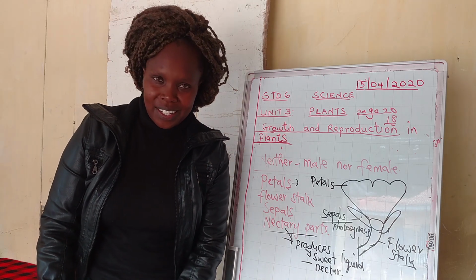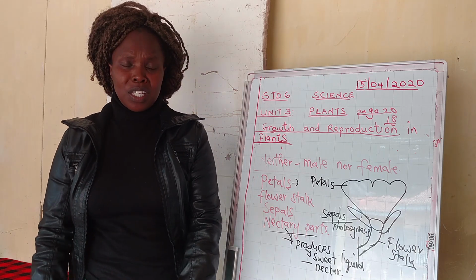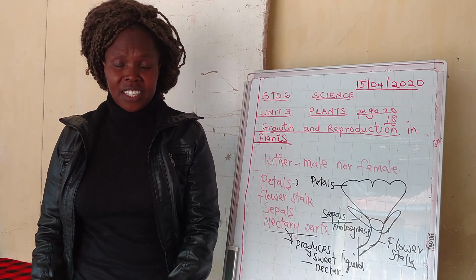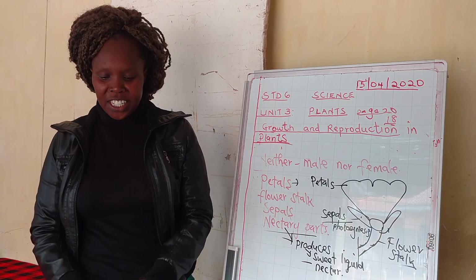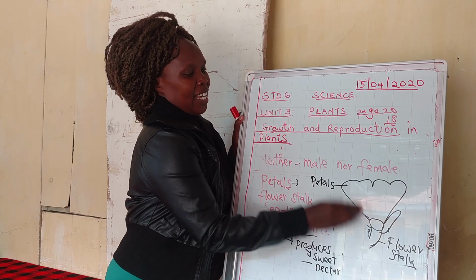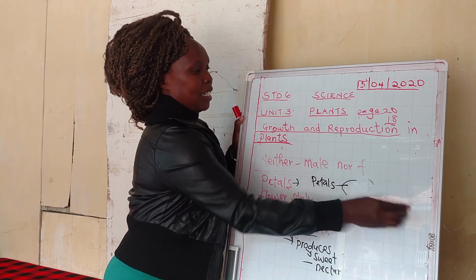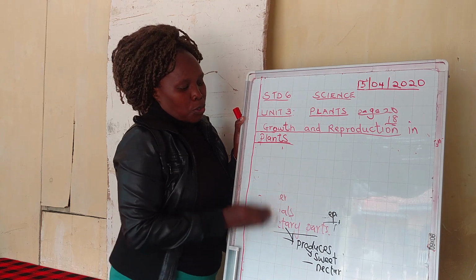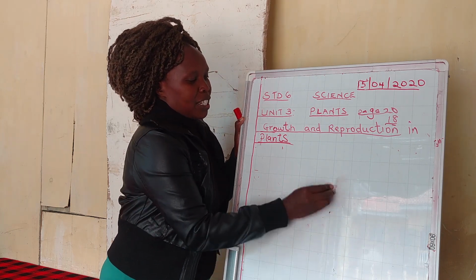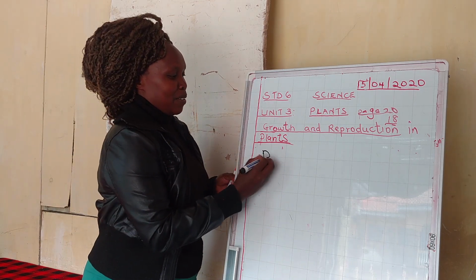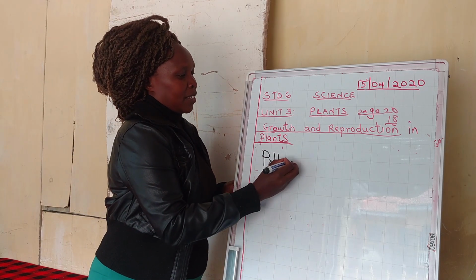And we're going to see that most of these birds and butterflies and some of the insects help in pollination, which is going to be our next subtopic. Let me just introduce you to the subtopic of our next lesson, which is going to be pollination.